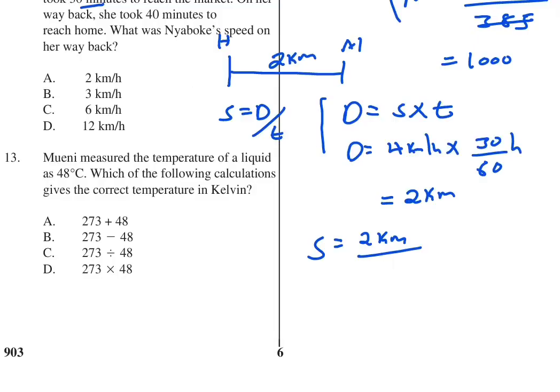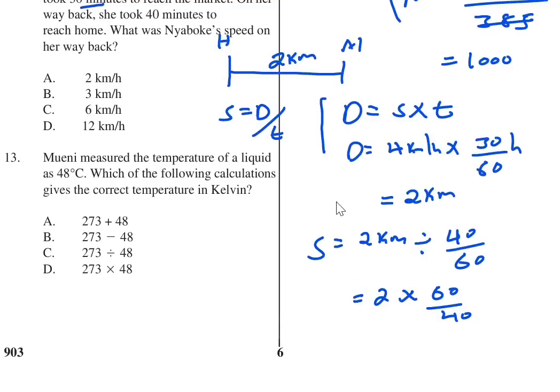So 2 kilometers divided by 40 over 60. Changing the sign, flip this fraction, so it is times 60 over 40. You multiply that, 2 times 60 over 40.